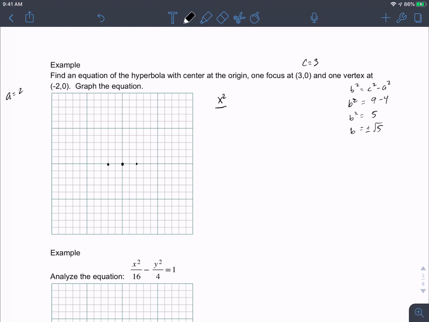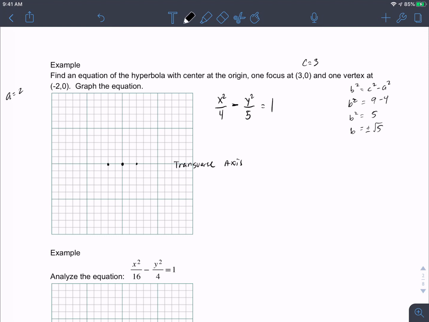It's going to be x squared over 4 minus y squared over 5 is equal to 1. Now, because the x squared is positive, this is going to be the transverse axis. And so we know that the hyperbola is going to open this way.